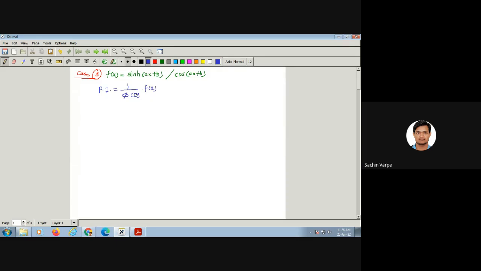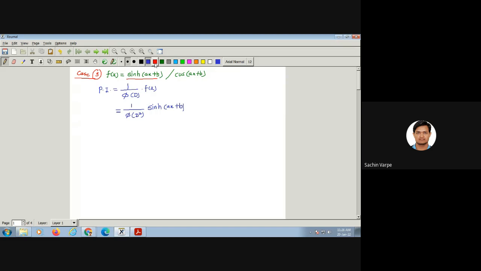So first of all, we write this phi of D in terms of D square. If D square is not there, then how do we get D square? By rationalizing the denominator. And suppose we take the hyperbolic sine function, hyperbolic sine of ax plus b, isn't it?